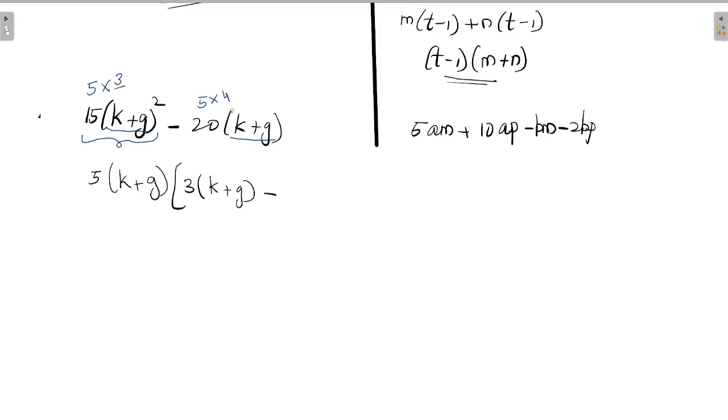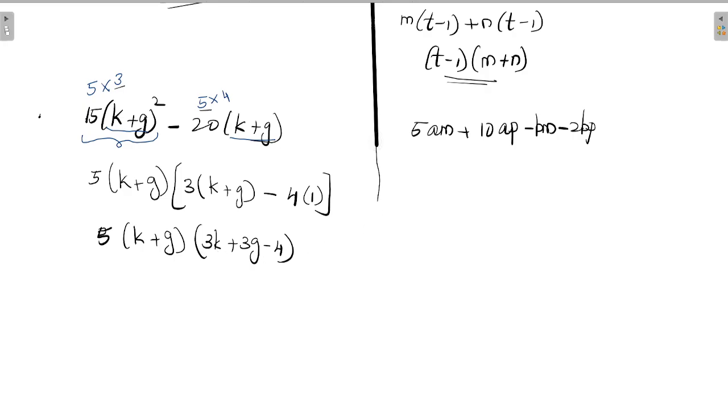Minus here 4 times 1, because we have already taken 5 as the common factor and k plus g as the common factor. Now 5 is a common factor, k plus g is a common factor. Now we are removing this bracket, so 3k plus 3g minus 4. There are 3 factors of this expression: 5 is a common factor, k plus g is a common factor, and one more factor.